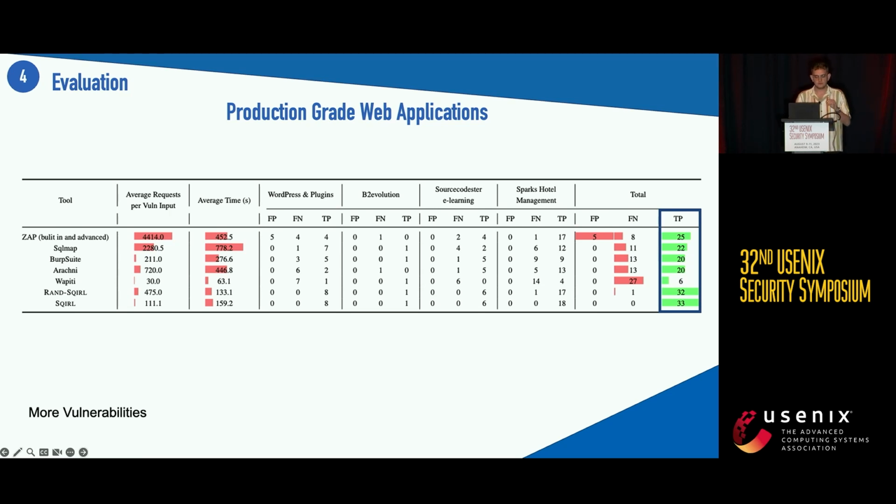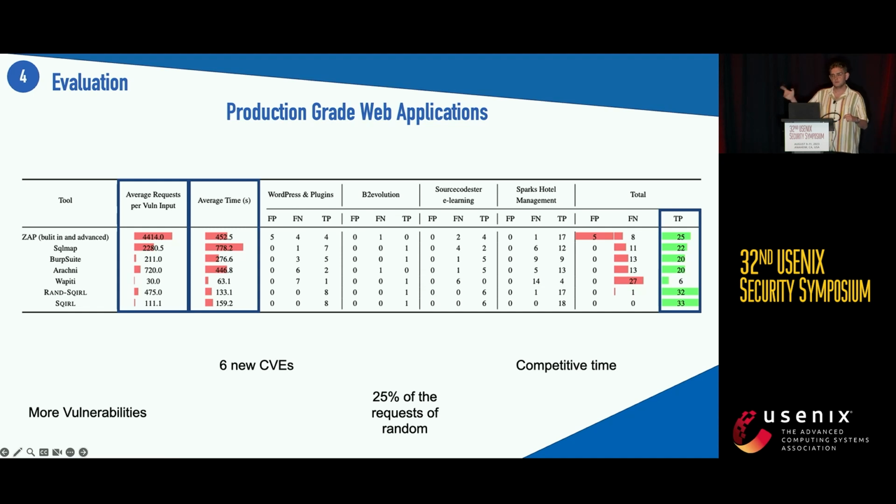Interestingly, it finds 6 new CVEs that were missed from manual testing, and we're able to do so in a lower number of requests than our random counterpart, showing the intelligent nature of the reinforcement learning agent. Importantly, we're able to do so in competitive time, so that when used by normal people, we can actually use this efficiently, even though we're using a deep learning architecture.